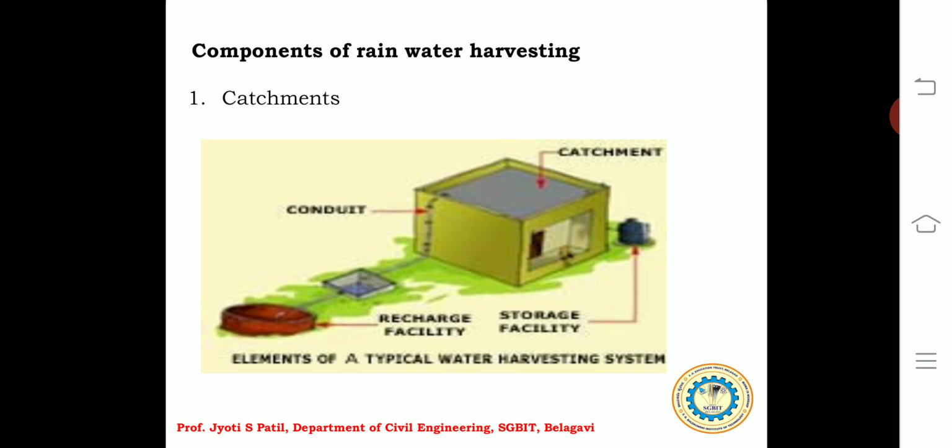It can be a paved area like a terrace or courtyard of a building, or an unpaved area like a lawn or open ground. A roof made of reinforced cement concrete, RCC, or a galvanized iron or corrugated sheet can also be used for water harvesting.